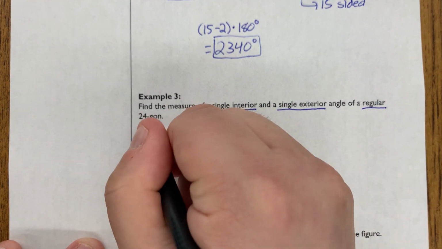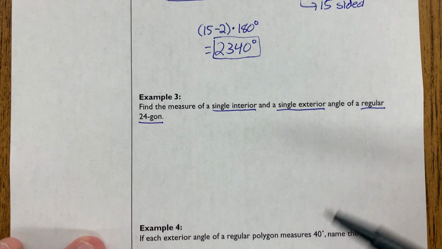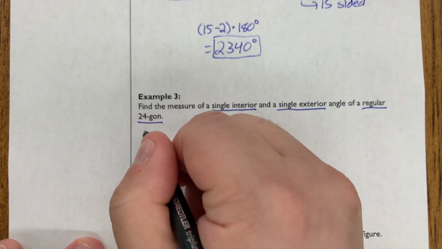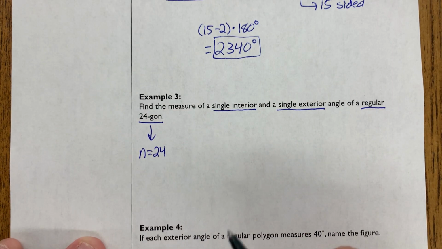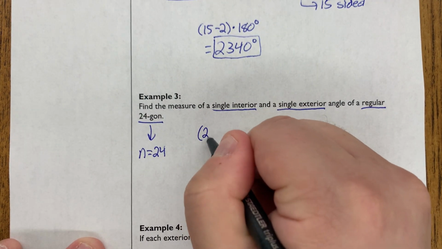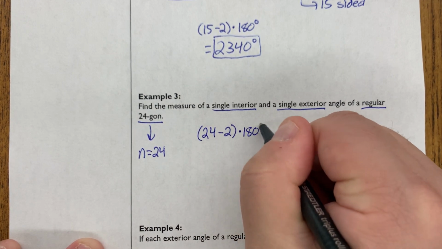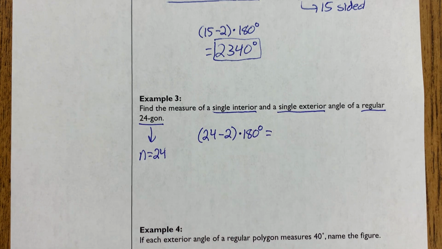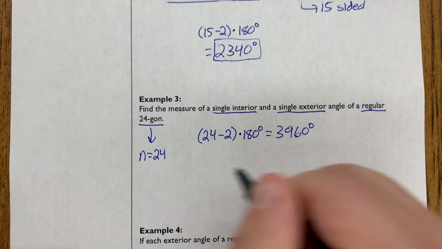All right, for example 3 here, we're asked for a single interior and single exterior angle to a regular 24-gon. So let's use the same approach we did in example 1. We know we have 24 sides, thanks to the name 24-gon, so let's go calculate it. 24 minus 2 times 180 degrees will come out to be a grand total of 3,960 degrees.